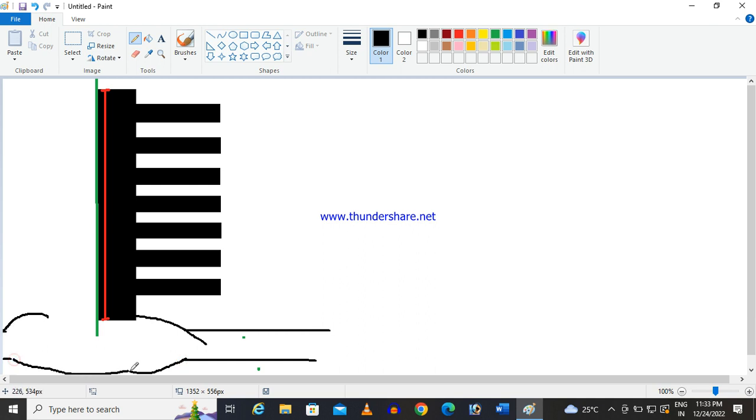So this is the bonnet. Liquid will be flowing through, going like this. And here your valve disc will be there, which will control the flow.